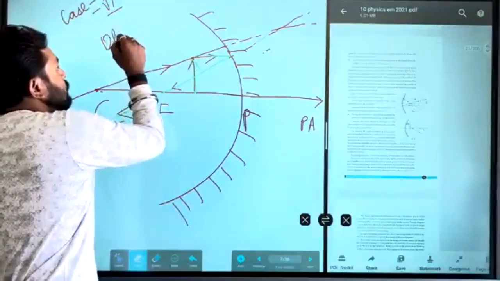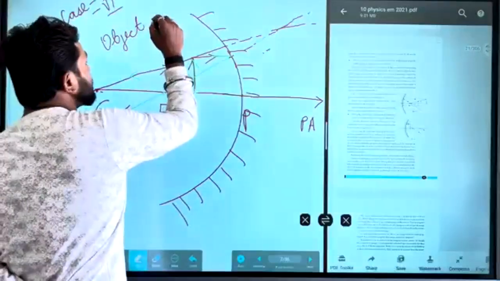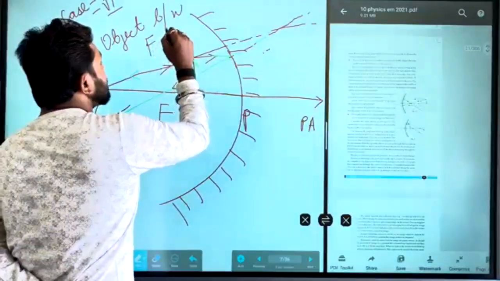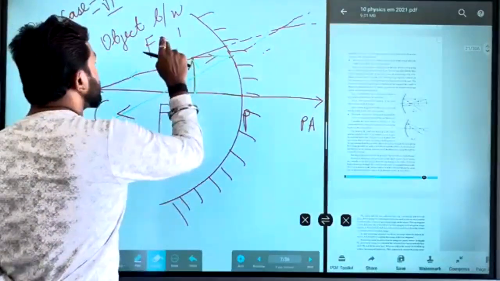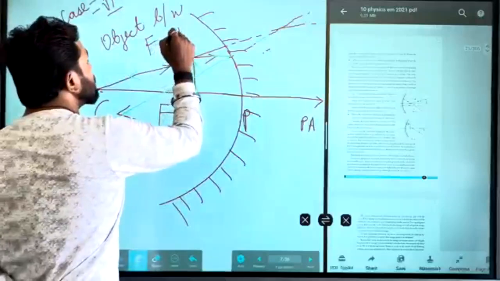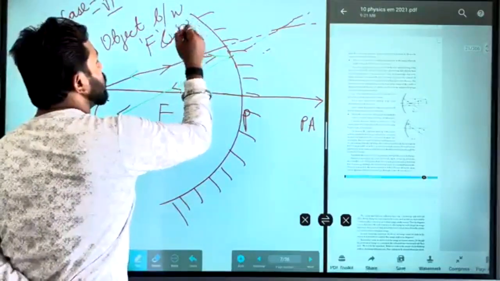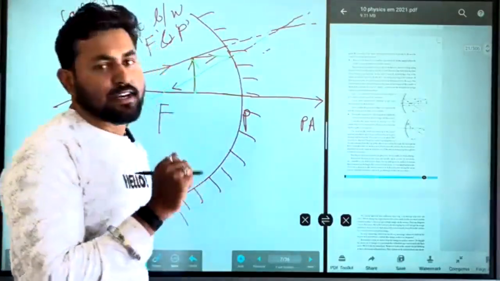Where the object is, please comment. Object is between focus and pole. Now please see where the reflected rays are meeting.